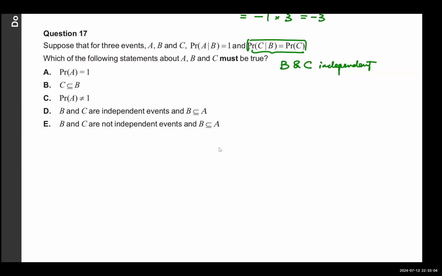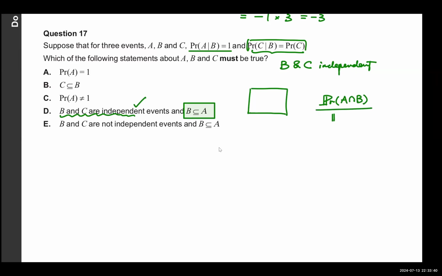Okay, so B and C are independent events. This is definitely correct. And the next thing I would like to see is whether or not B is a subset of A. Well, when we have this probability statement, probability A given B equals 1, that is like probability of A intersecting B divided by probability B equals 1.